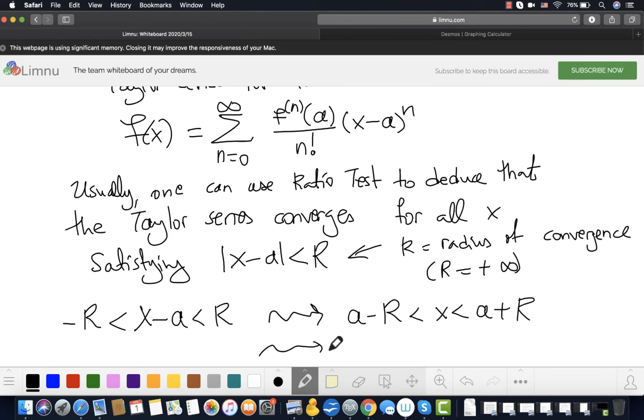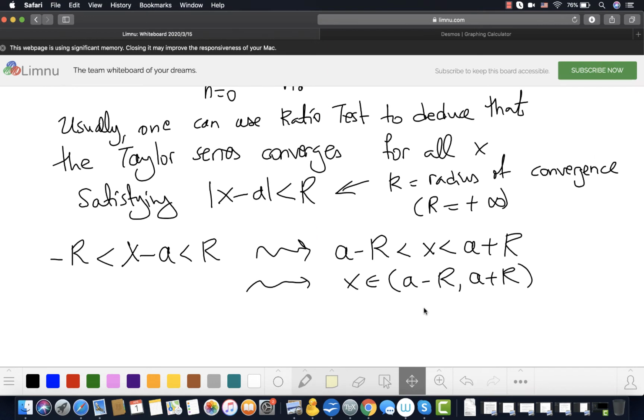What that means is that x must belong to the interval from a minus r to a plus r. This interval is called the interval of convergence, and it's symmetric around the center, and that's why a is called the center.